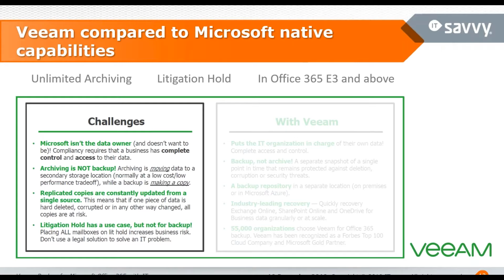It's actually in what they call the archive, meaning there's no copy of the data. It's not an additional copy of that data. It is just older data that's being moved. Backup is an actual copy. The replication we talked about with Microsoft, that's for their SLA. And it's from the single source, whether it's deleted or corrupted, whether it's ransomware or not.